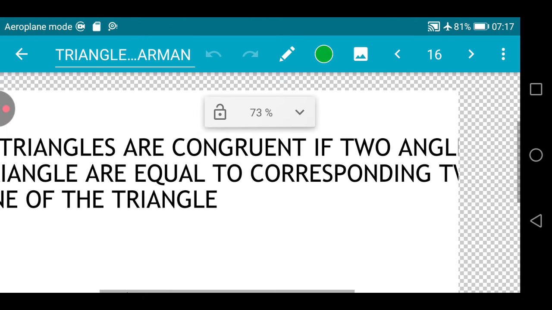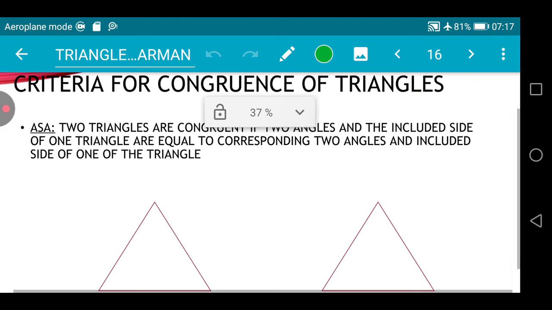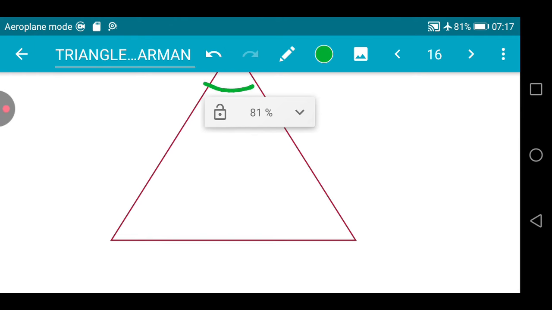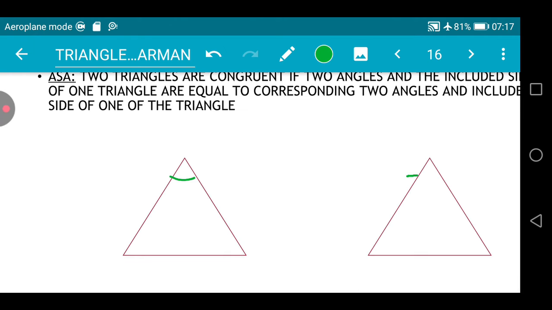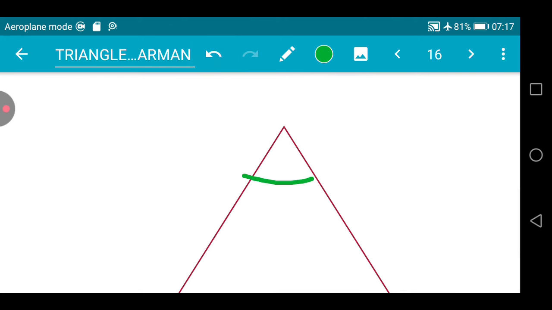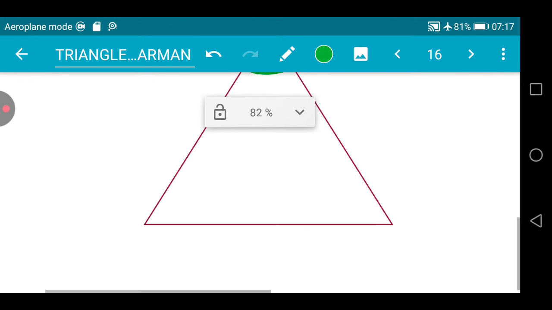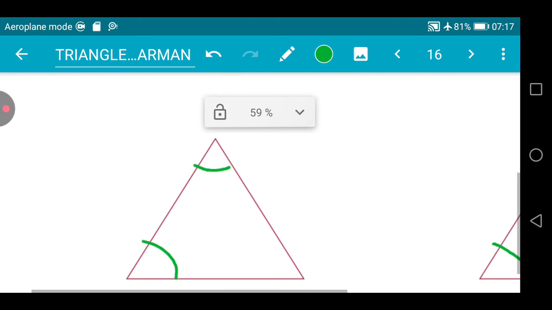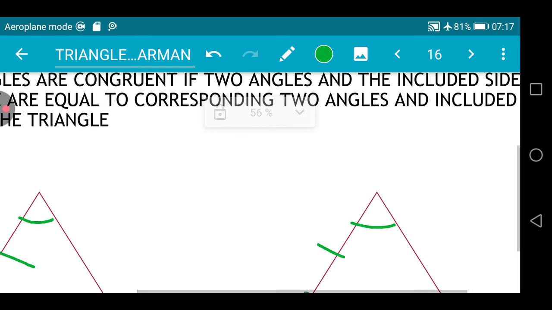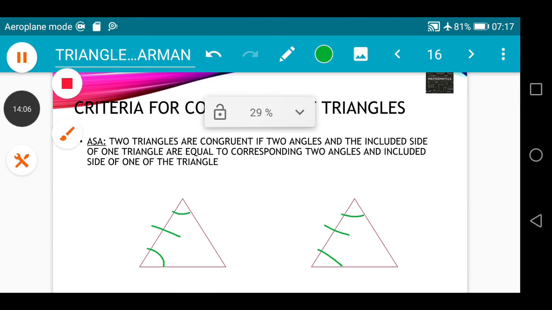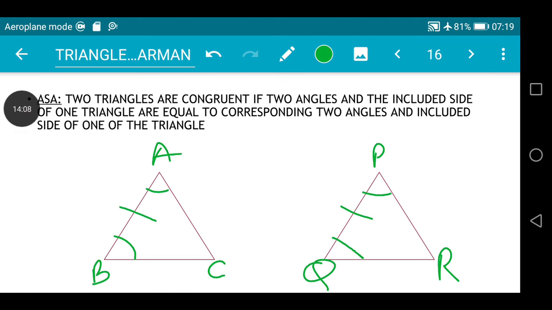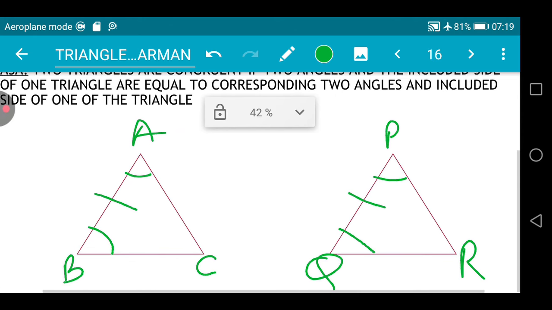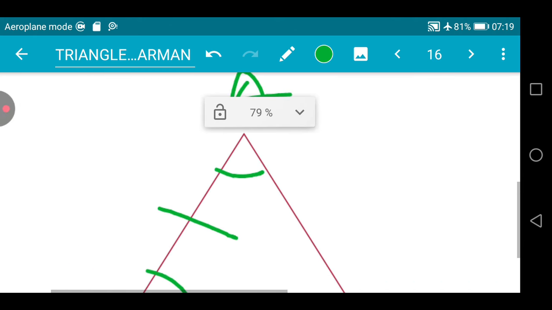Two triangles are congruent if two angles and the included side are equal. If this angle is equal to this angle, and this angle is equal to this angle, and the included side is equal, in triangles ABC and PQR, angle A equals angle P, angle B equals angle Q, and the included side AB equals PQ.